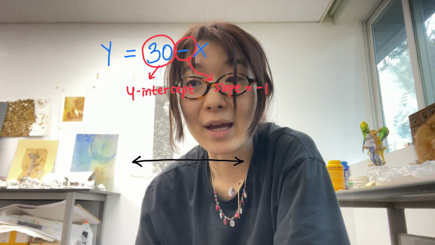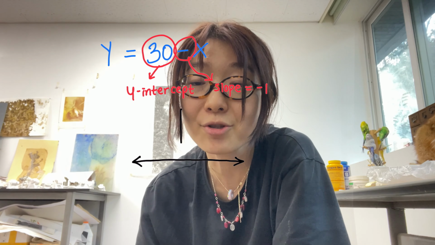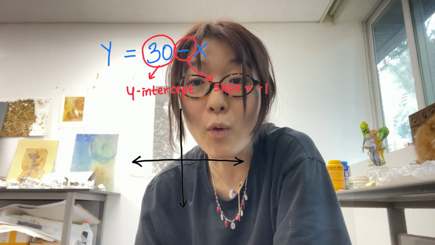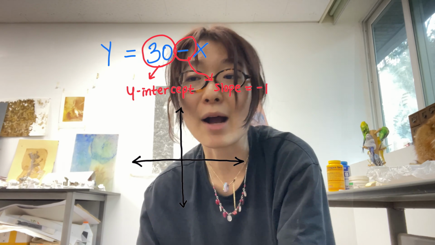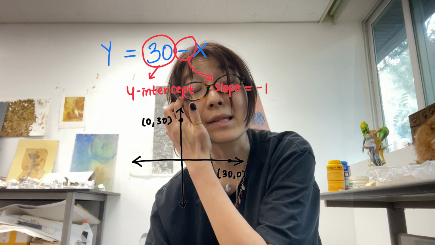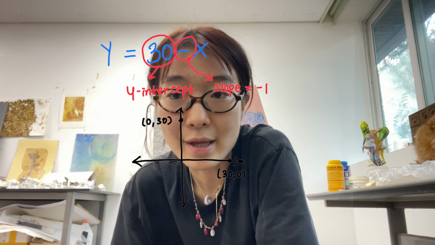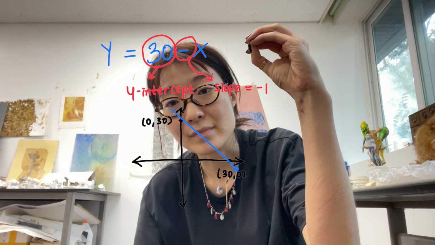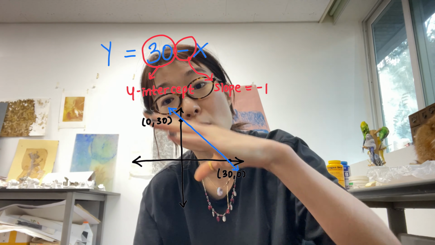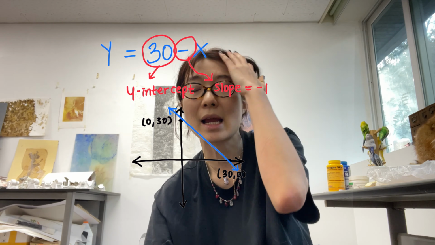First of all, it is no longer direct variation because the y-intercept is not 0, right? Our y-intercept is 30 actually. And another thing is that our graph is no longer increasing. It's actually going down. It's decreasing.